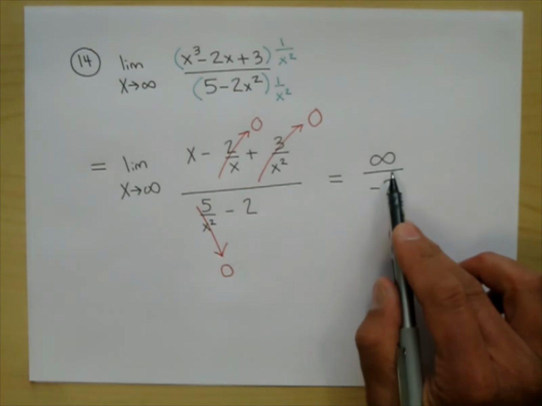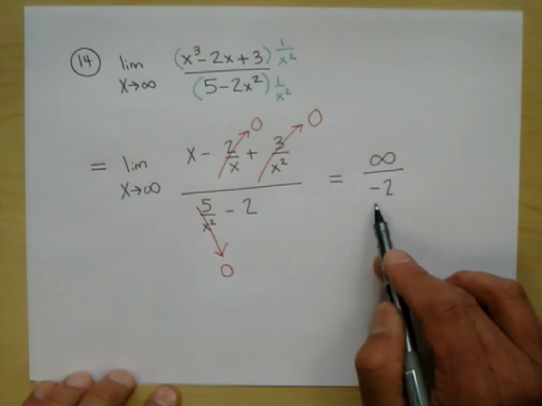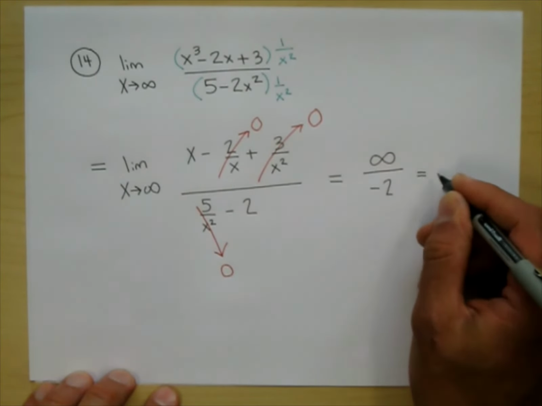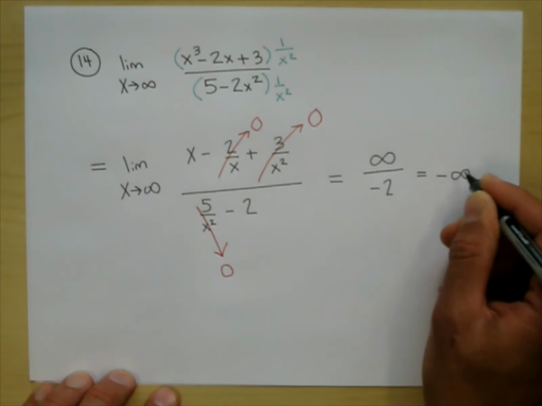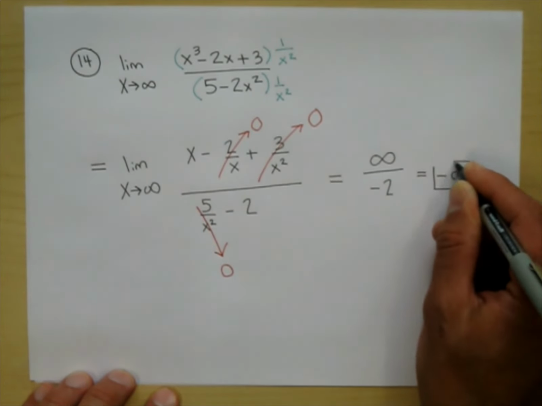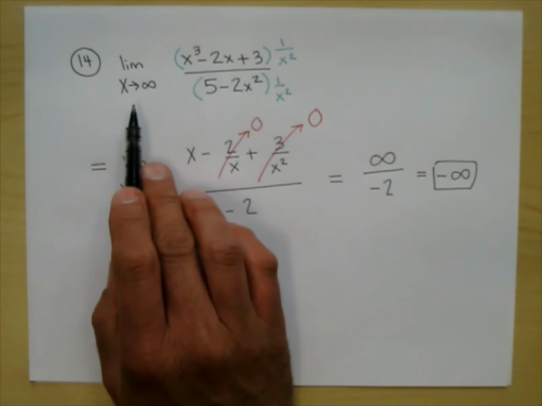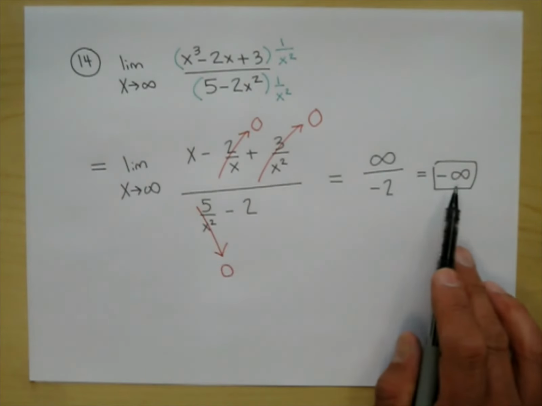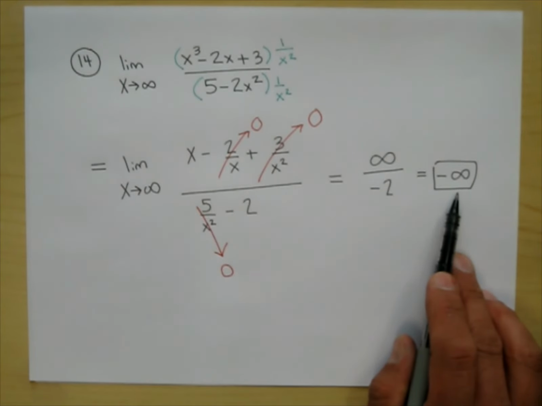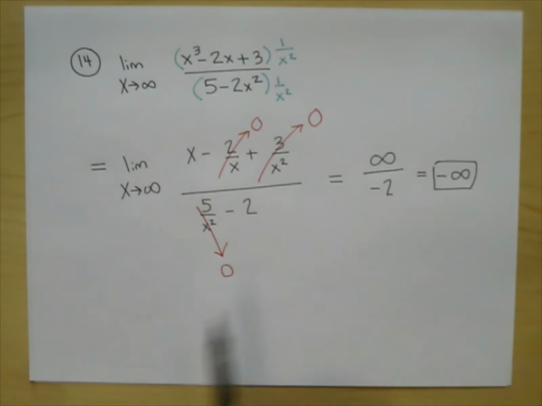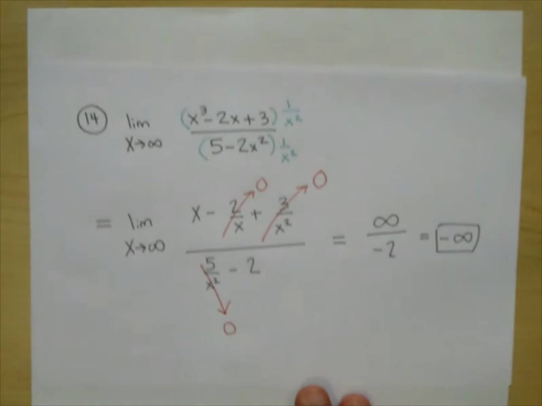What is infinity divided by negative 2, or negative 1/2 times infinity? It's going to be negative infinity. So if you were graphing this, as your graph was going off to the right, it would be going down, if you cared about graphs. Okay, let's continue.